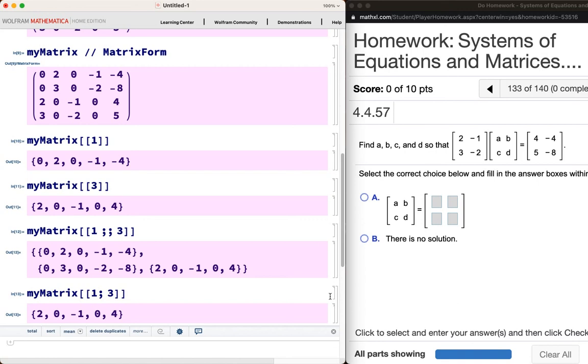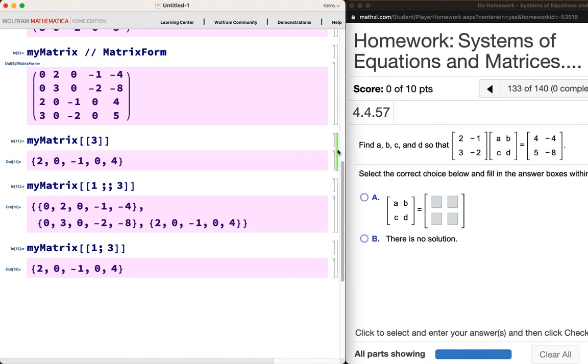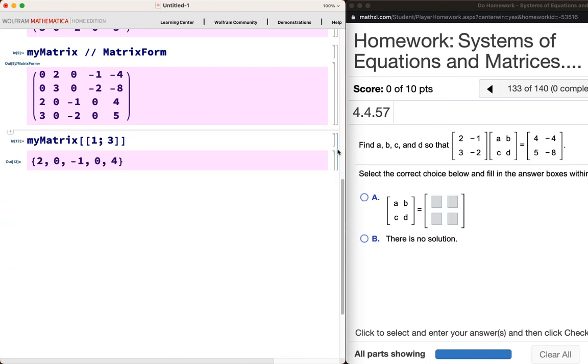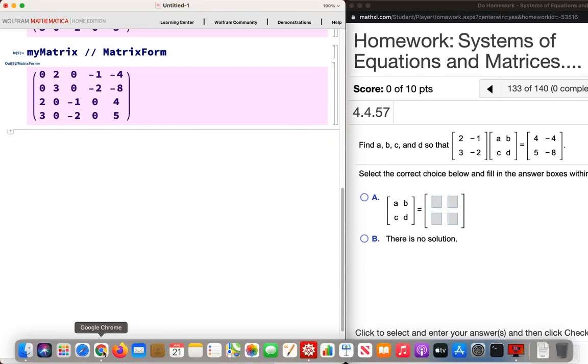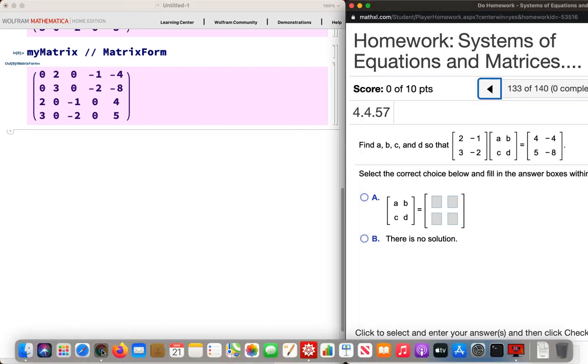Okay, so there is an easy way to do this, and I forgot. So I'm going to have to look this up.